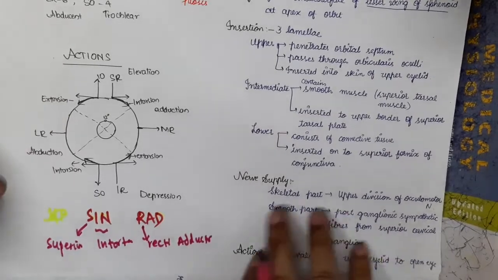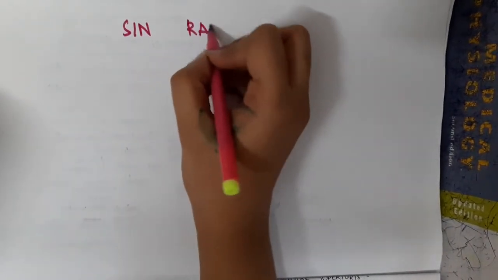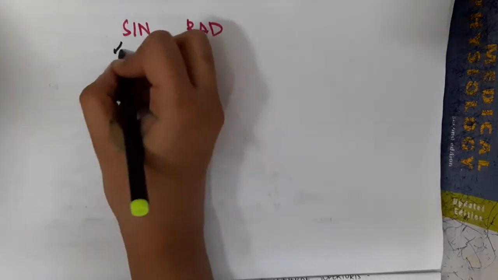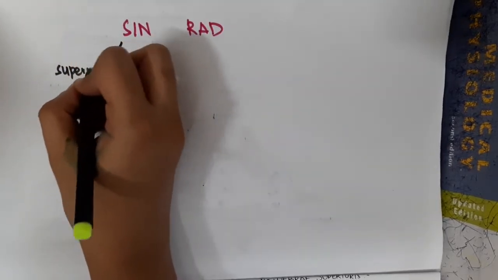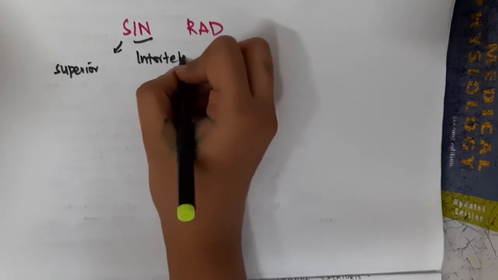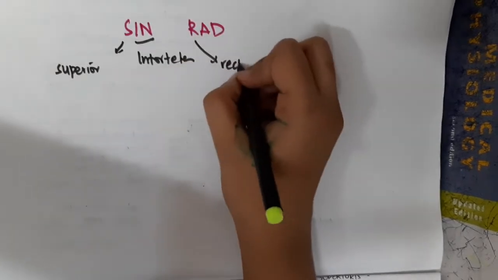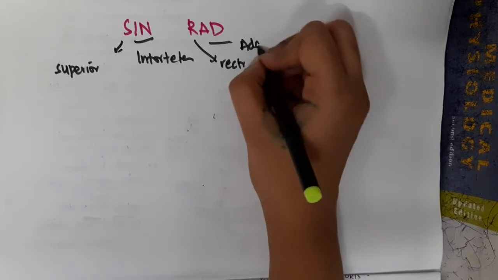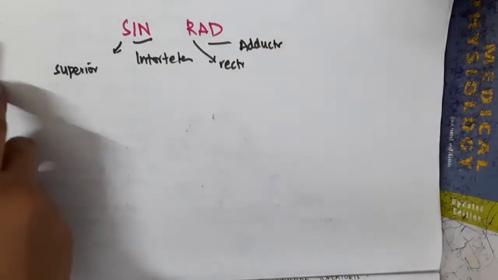Okay, let me write this so that you will understand. I remember it by SIN RAD. So superiors are intorters, then recti are adductors. So let us make a table for this.